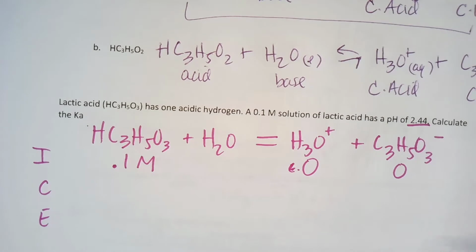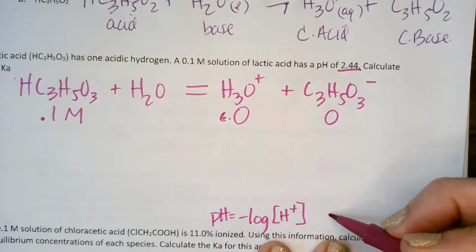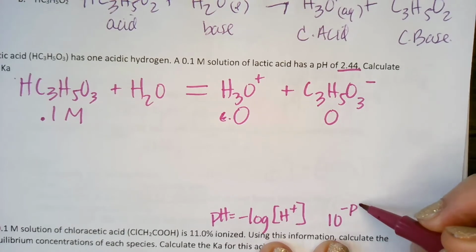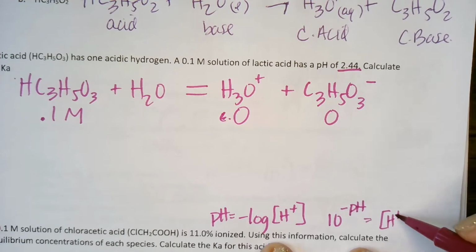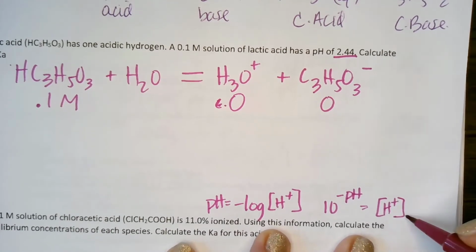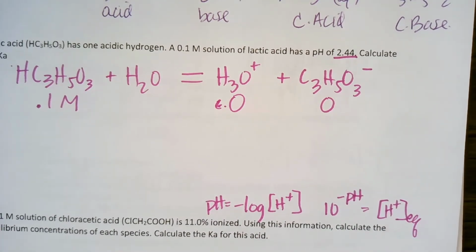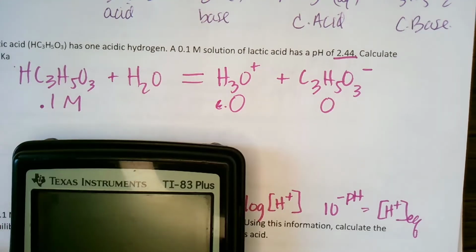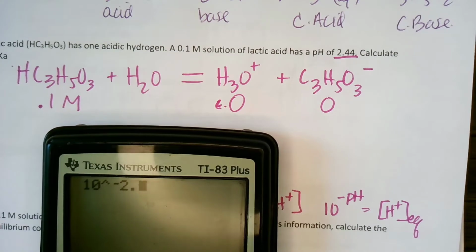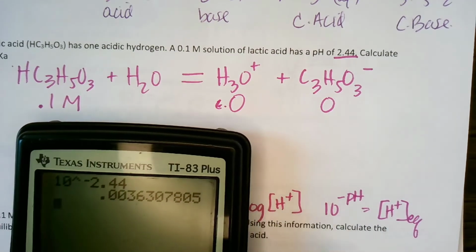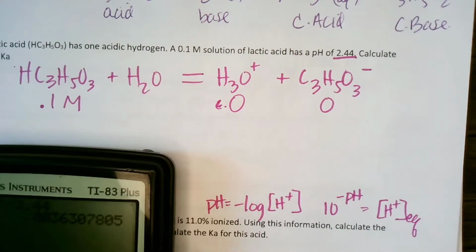And we also know that we can go the other way. We can flip-flop this. If we do 10 to the negative pH, we can get our H plus concentration at equilibrium. So let's plug this into our calculator. So when I do 10 to the negative 2.44, I get an H plus concentration.